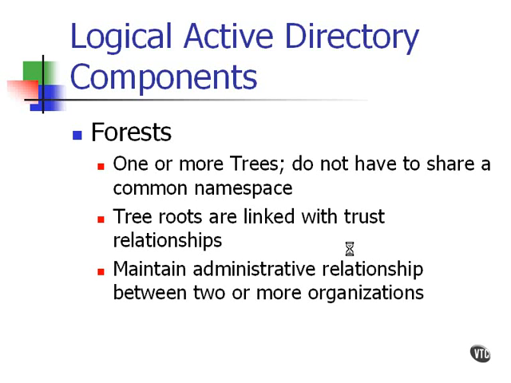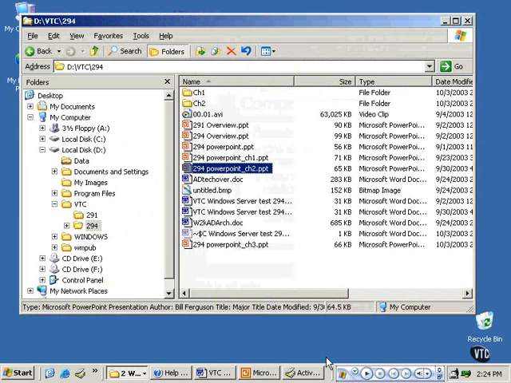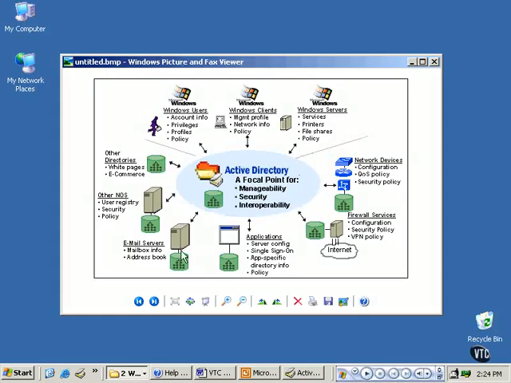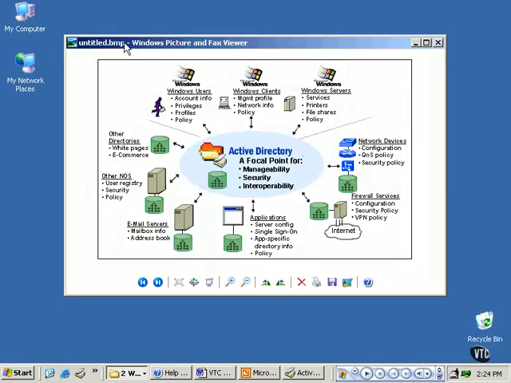Now the drawback here, as far as talking about logical things in Active Directory, is that it's hard to see. I'll try to give you some pictures when I can to help you visualize what we're talking about. But just so you know, if you're looking at other diagrams, the representation for a domain is a triangle.